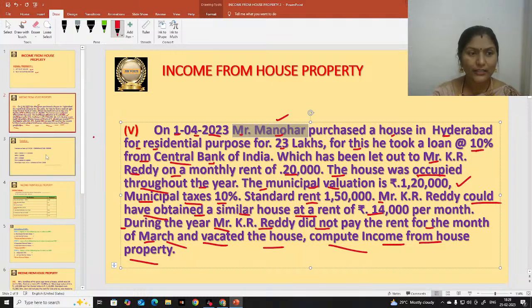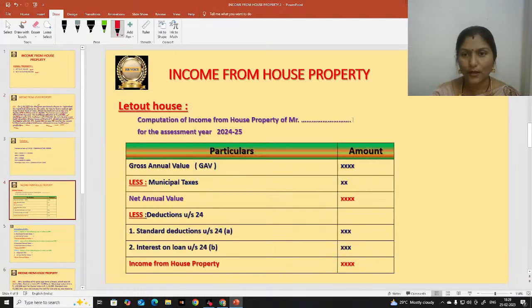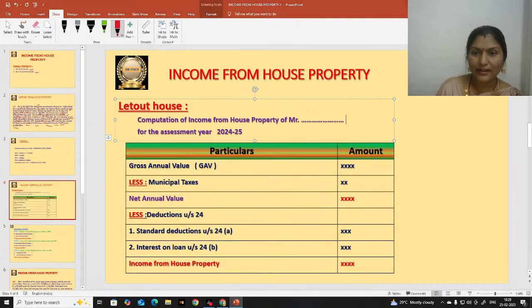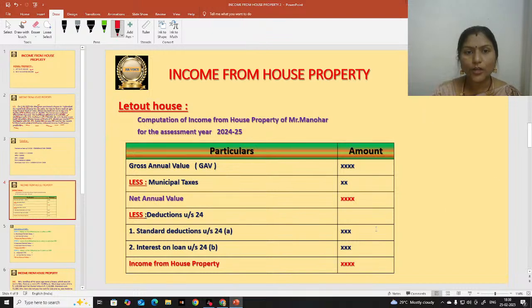Let us record that in the statement on the top. So here I will write name of the assessee, Mr. Manohar, for the assessment year 2024-25. Okay, this is a heading that we should give always.